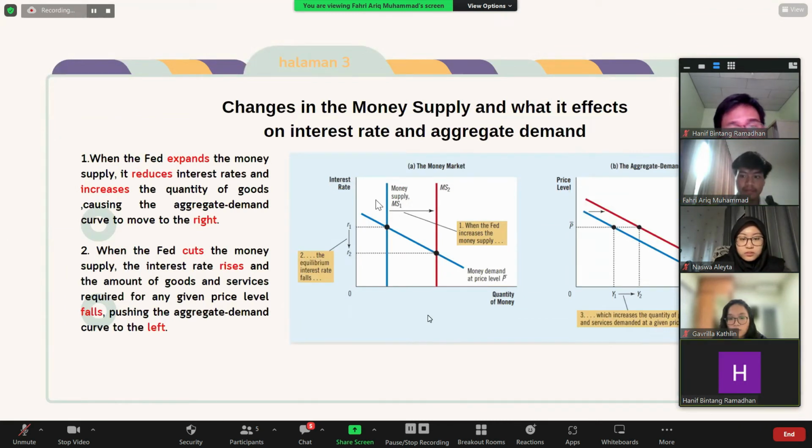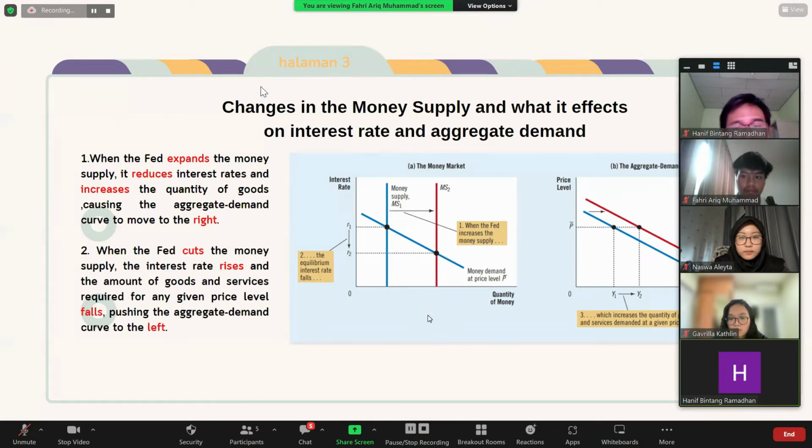Let's move on to the next slide. So when we see the change in money supply, what does it affect on interest rate and on aggregate demand?